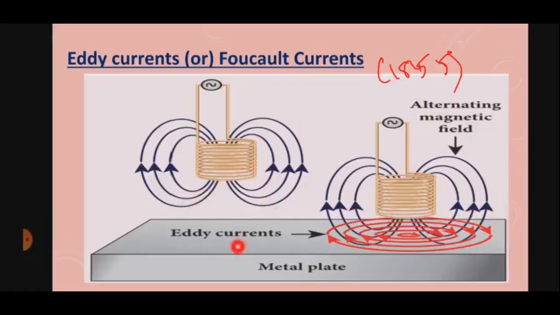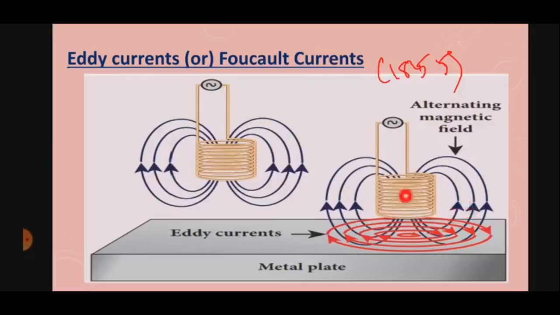The only difference is that in a coil of wire, the induced current has a specific path to flow, but when electromagnetic induction takes place in a metal plate, the induced current does not have a specific path for its flow.